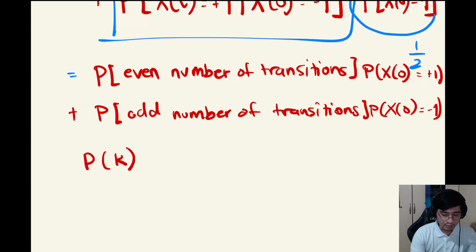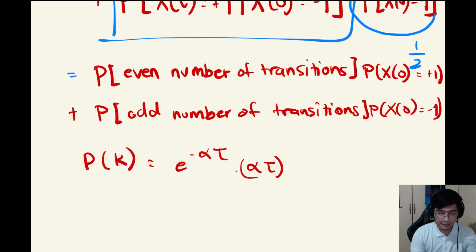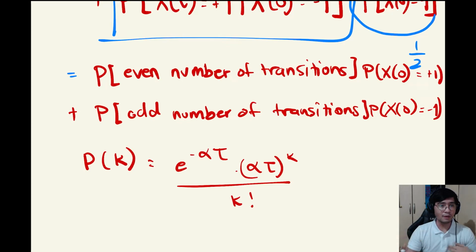This is equal to e raised to negative alpha tau times alpha tau raised to k over k factorial, where k here is the number of successes in that Poisson random variable, and alpha is the arrival rate, and tau is the time interval that we have over that Poisson random variable. So just review that random variable.